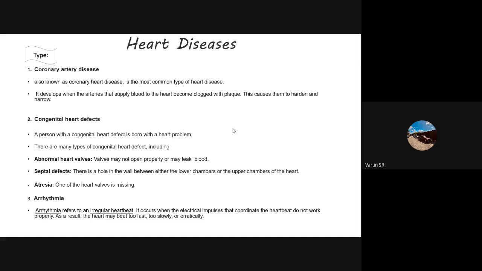Valves may not open properly or may leak blood. Septal defects. There is a hole in the wall between either the lower chambers or the upper chambers of the heart. Atresia. One of the heart valves is missing. Arrhythmia refers to an irregular heartbeat that occurs when the electric impulses that coordinate the heartbeat do not work properly. As a result, the heart may beat too fast, too slowly, or erratically.